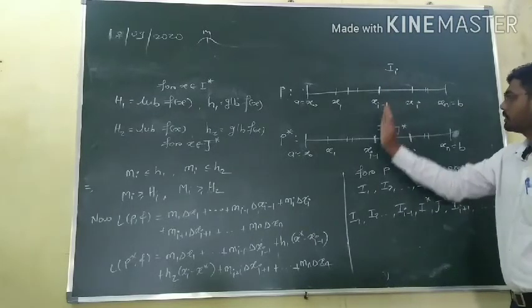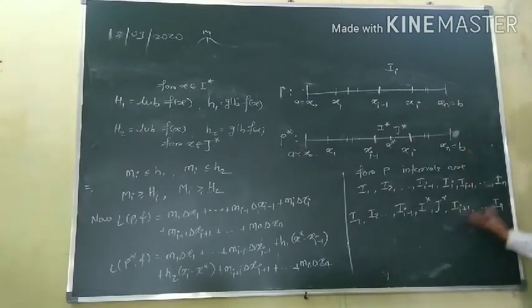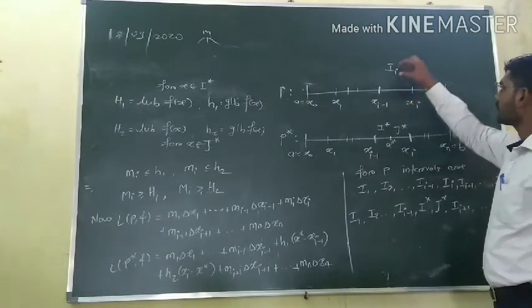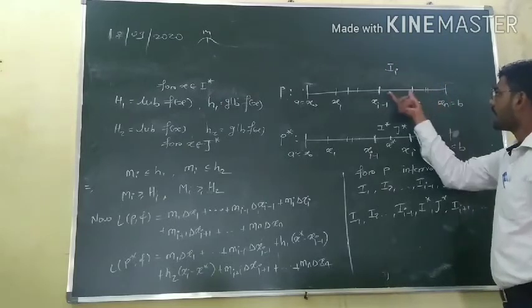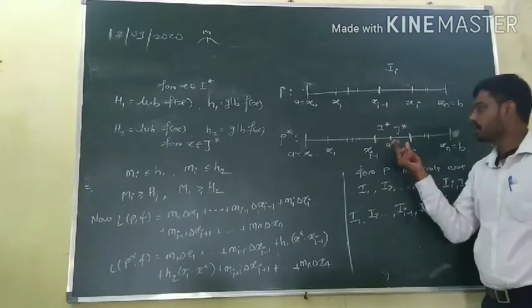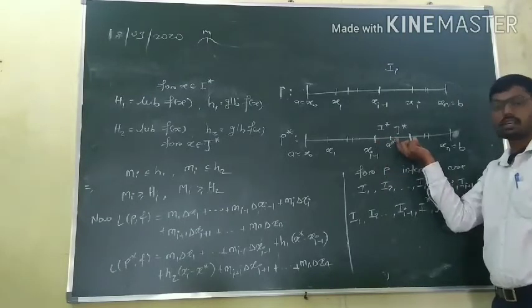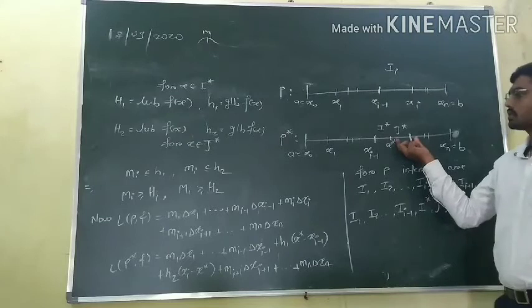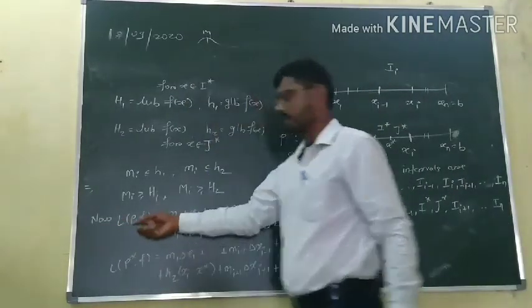Up to this, intervals are same. After that, intervals are also same, I_{i+1} up to I_n. The only difference is here, the interval I_i. Instead of interval I_i, we have divided this interval into two subintervals, one is I star and the other is J star. So we will first find the lower sum with partition P.